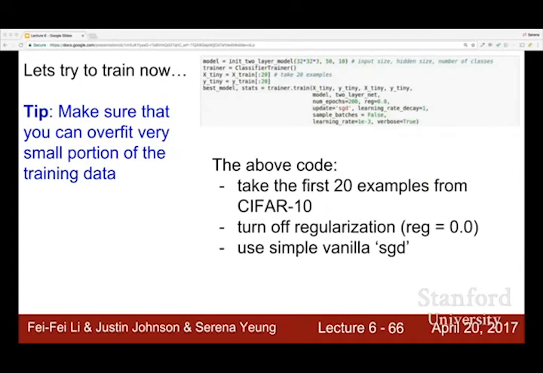A good way to start training is with a very small amount of data. If you have just a very small training set, you should be able to overfit it very well and get a very good training loss. So we turn off our regularization again and see if we can make the loss go down to 0.